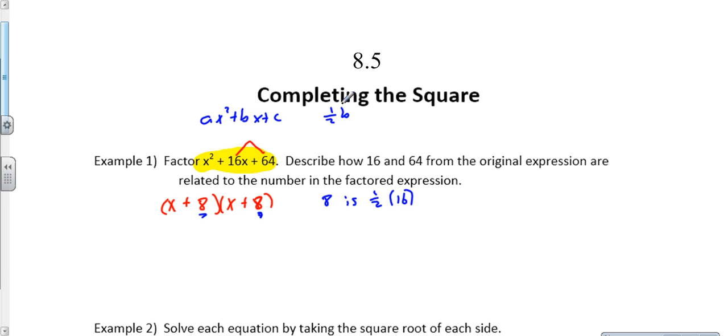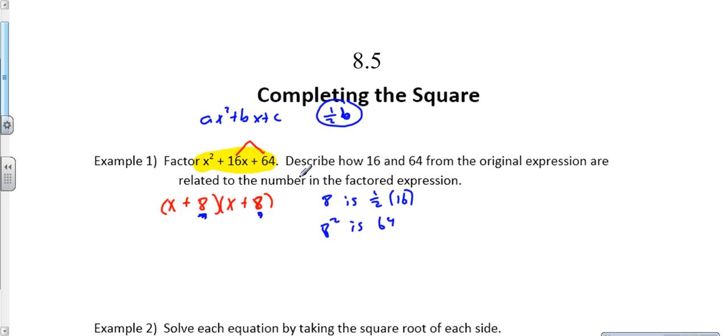So in the factored form here, 8 is half of 16. Then if you look at the 64, how is 8 related to 64? Well, 8 squared is 64.